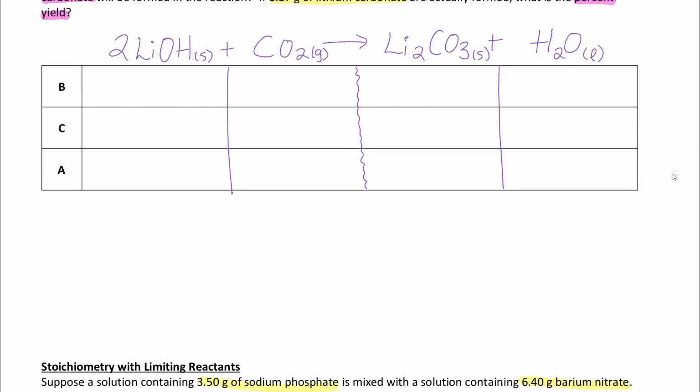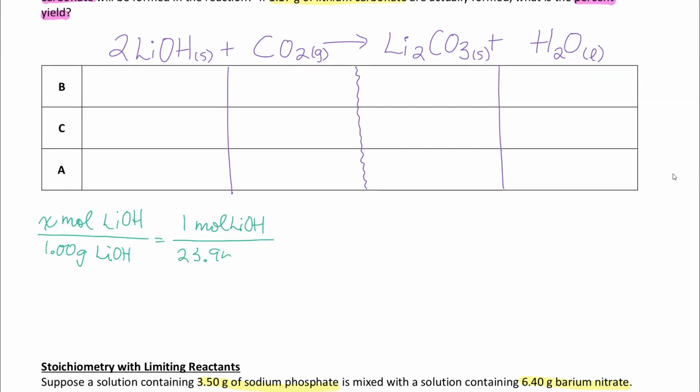Oop, I don't like that color. So moles of LiOH. I've got 1 gram. You can use this with dimensional analysis. Like I said, I'm showing you what I would do. We already used this molar mass. This is 23.95 grams per mole. Okay, now this is not going to be a final answer, so I don't want to round this all the way.